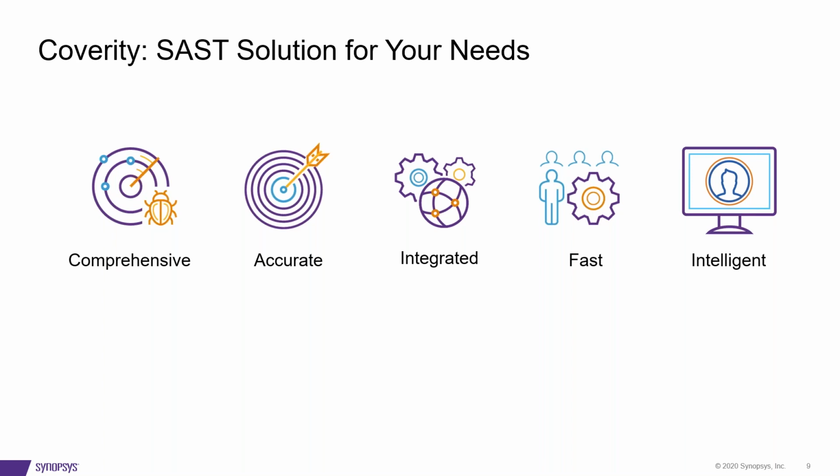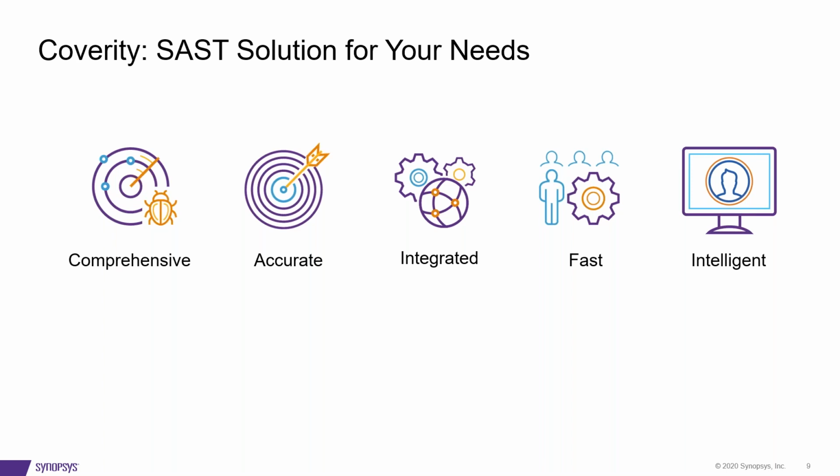It can be easily integrated into popular IDEs, SCMs, bug tracking systems, and various other elements of CI/CD pipelines. It uses patented analysis techniques to identify security and quality issues with high accuracy and low false positive rates so that your developers' time is not wasted looking at false positives.